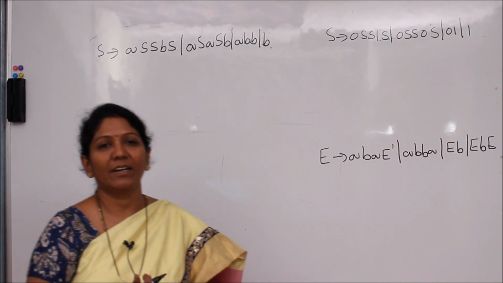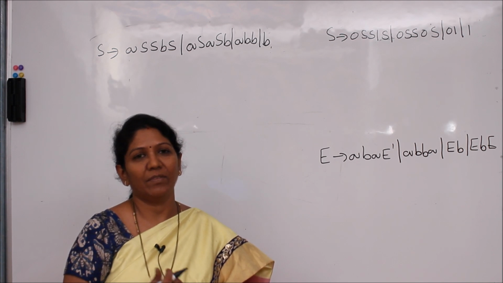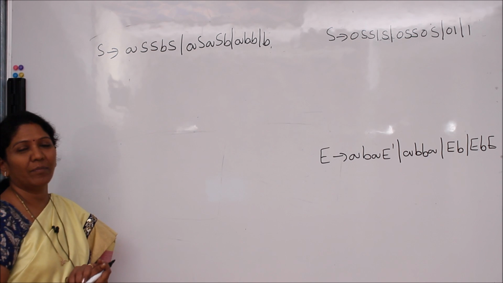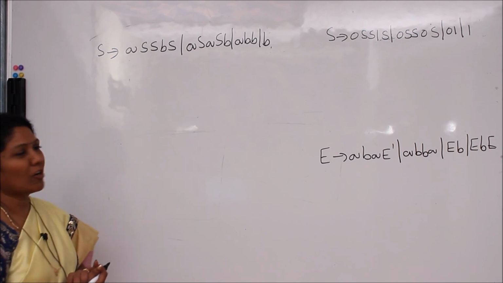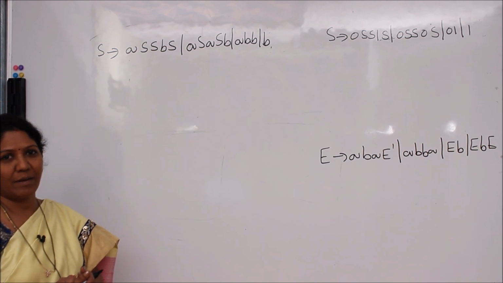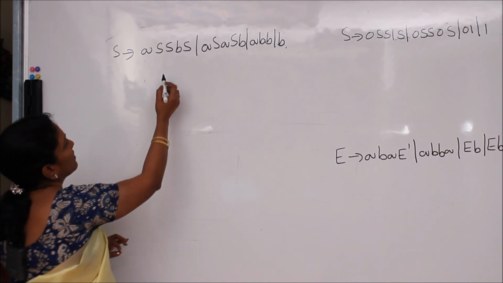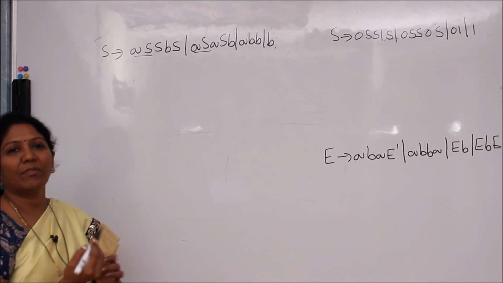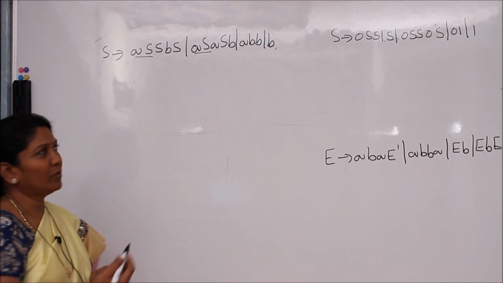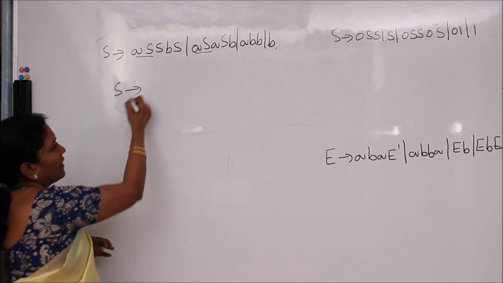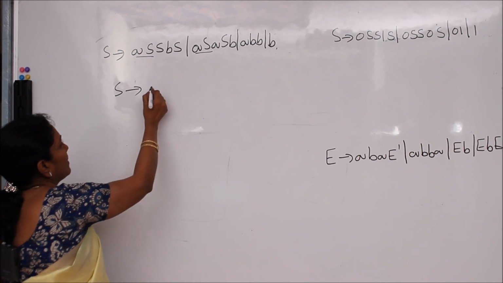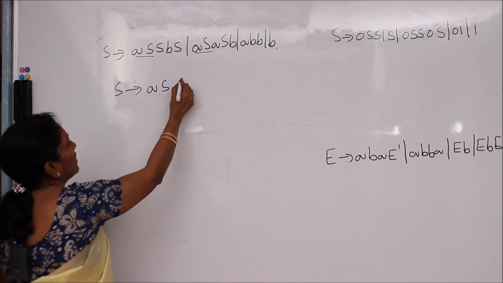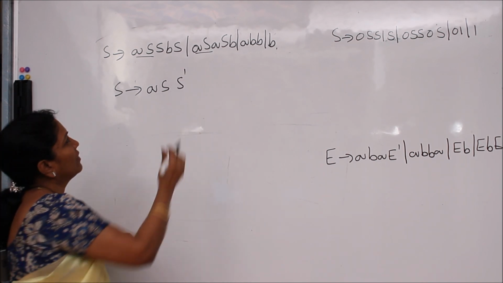Let's try to understand how to left factor the given grammar with an example. Look at this example. Are there any common prefixes in this particular grammar? Yes. What is the common prefix? So to left factor the grammar, what we have to do is rewrite the grammar in such a way that we take out the common prefix, which is aS, and to define the remaining part, introduce a new non-terminal S'.